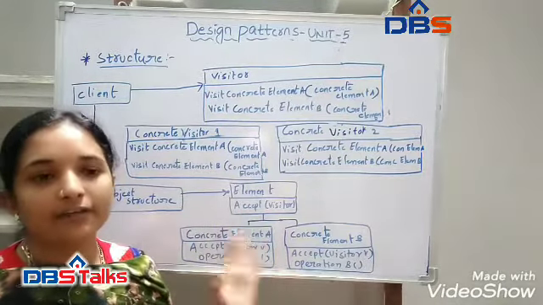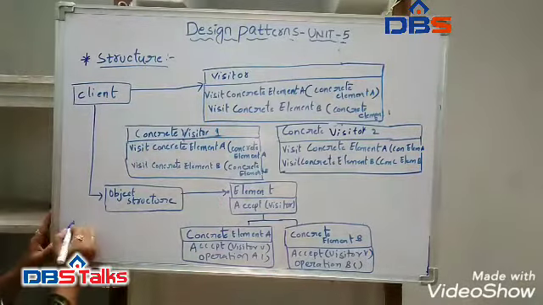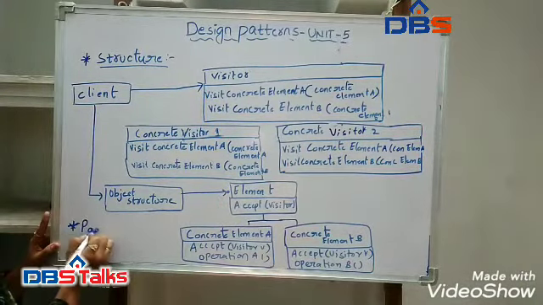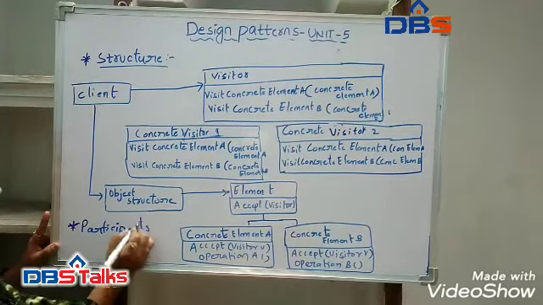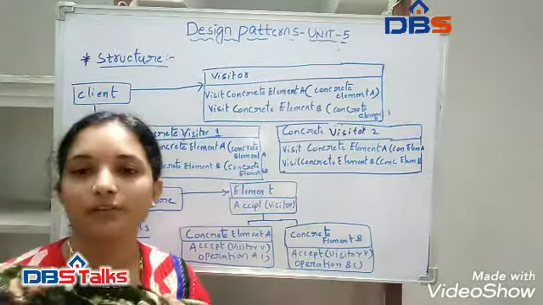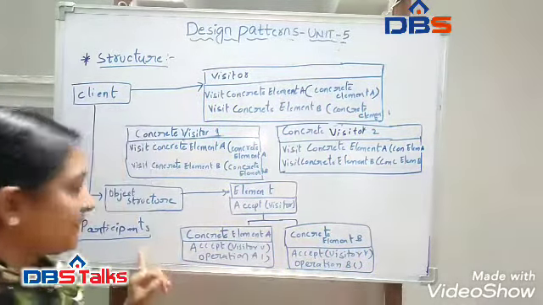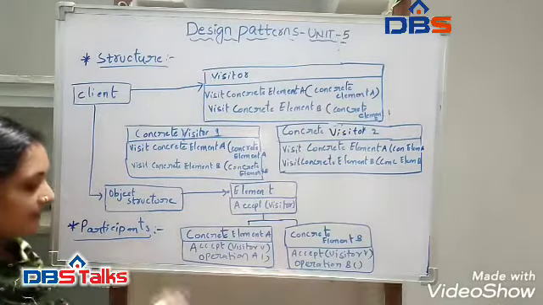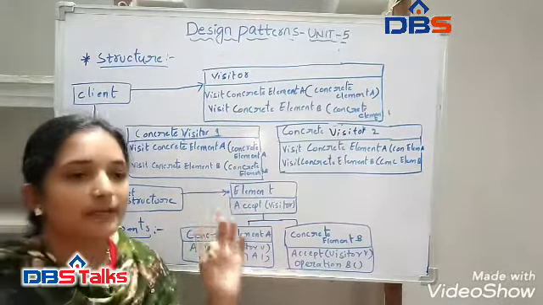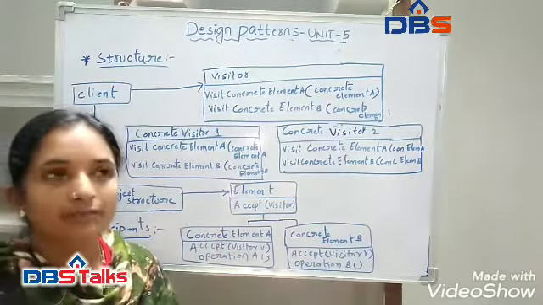In this structure we have different participants, so the next classification is participants. The first participant is the visitor, also called the node visitor.